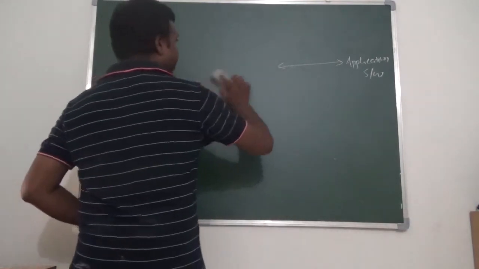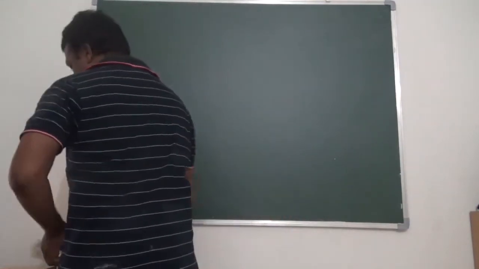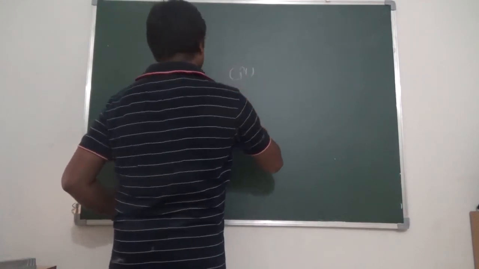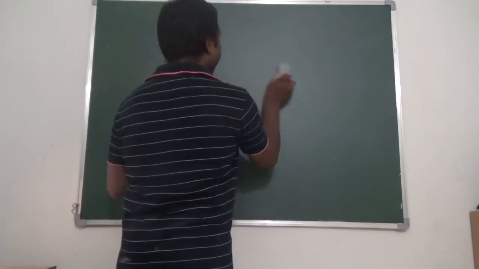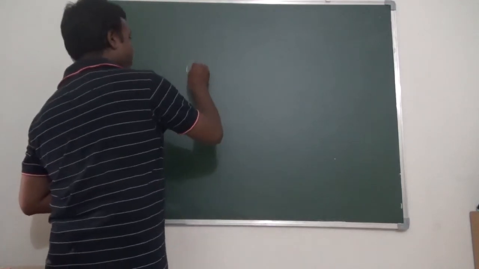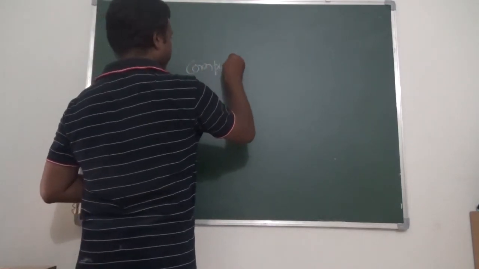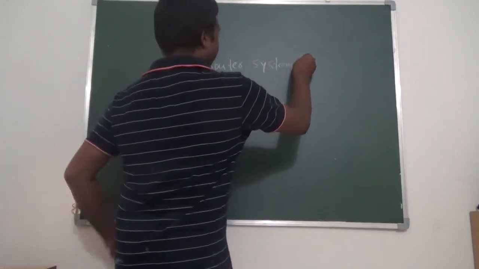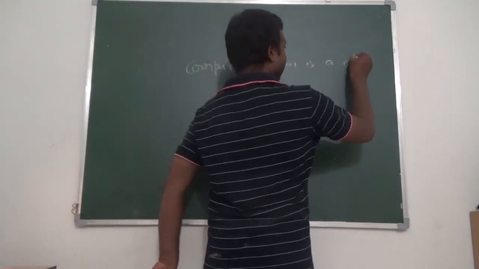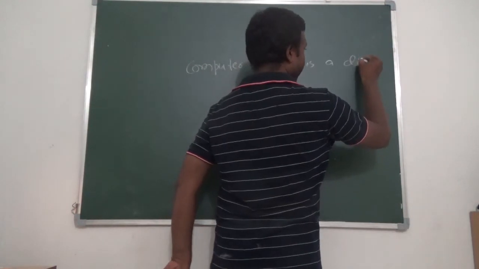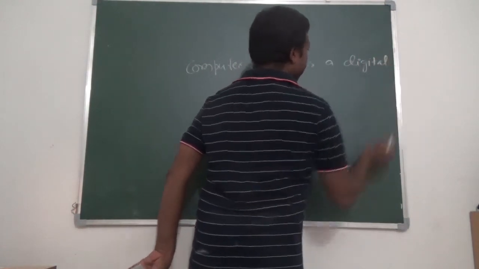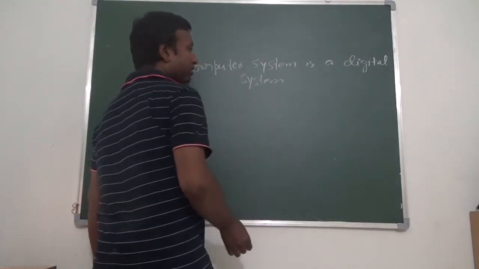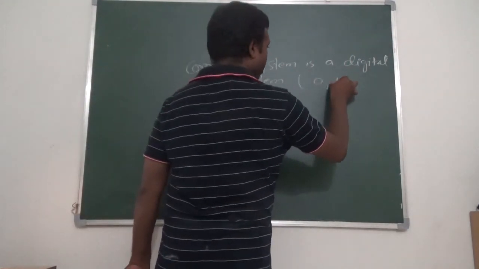Now, if we realize that the computer system is a digital system, as I already told this point, digital system. So it can understand only 0 and 1.